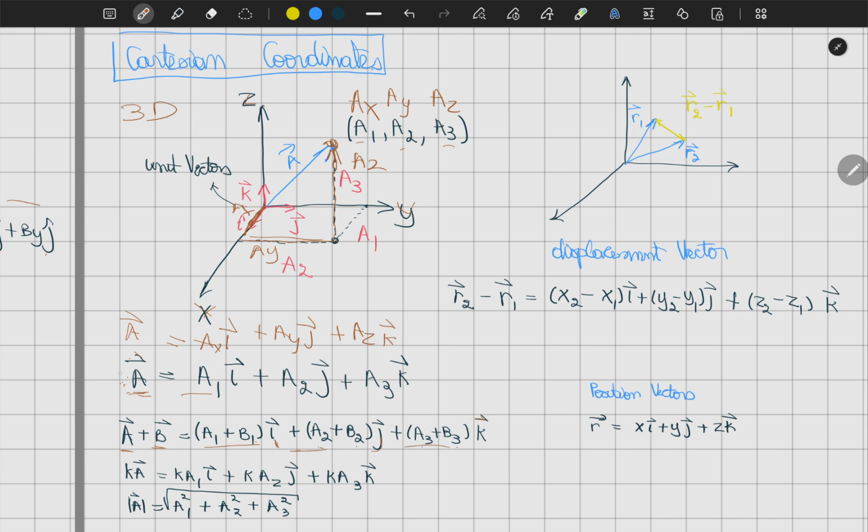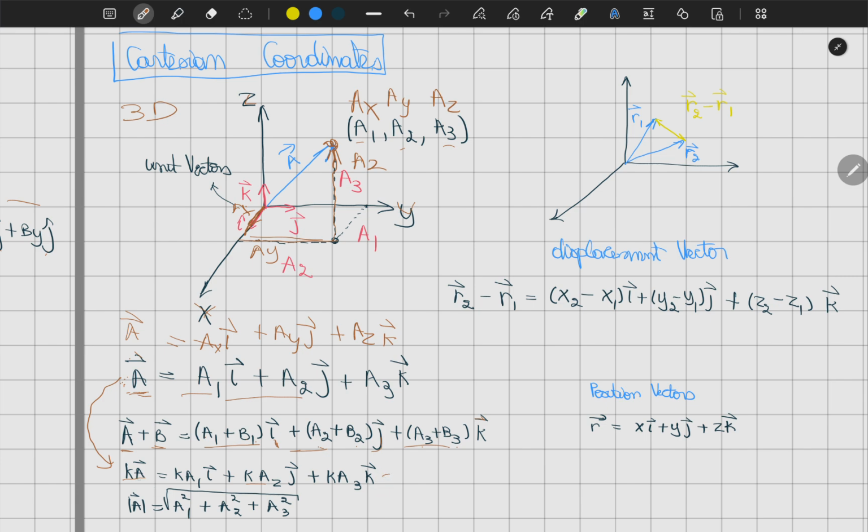Okay, and then scaling, this is what we call scaling. Scaling is when you take, maybe K is a constant, you can take a constant times everything inside the vector equation. So the resultant equation, you can see K times A vector: K times A1 i, K times A2 j plus K times A3 k.